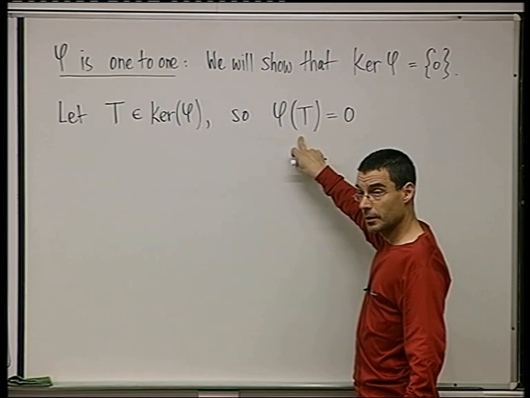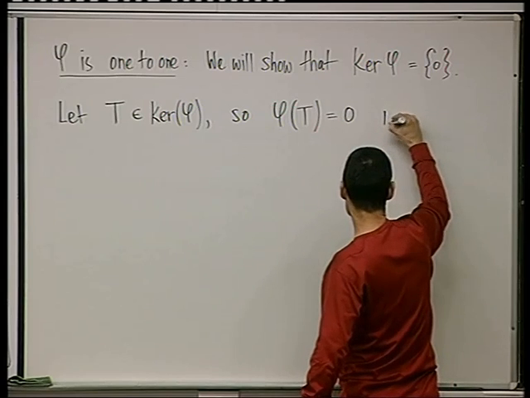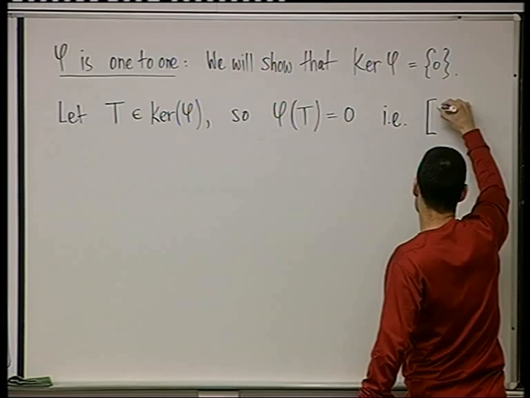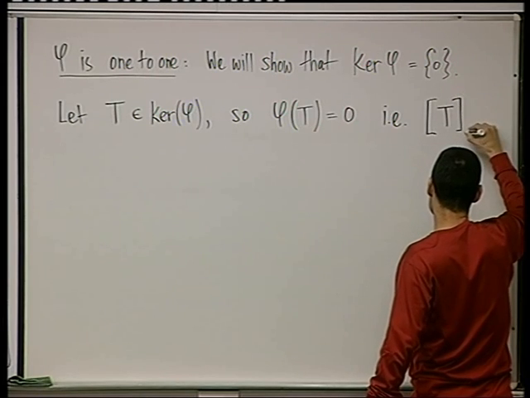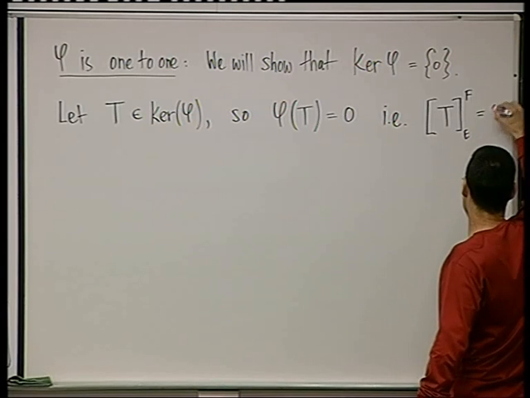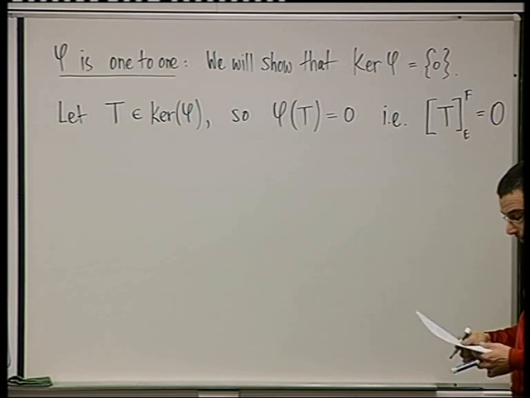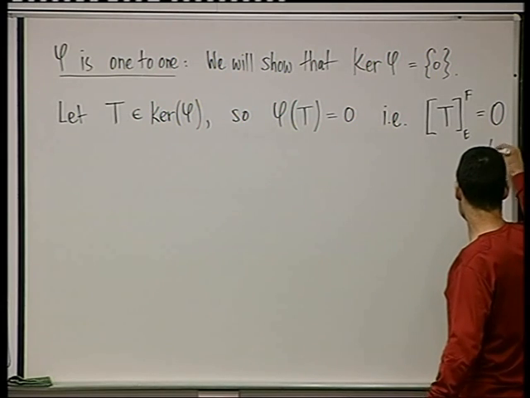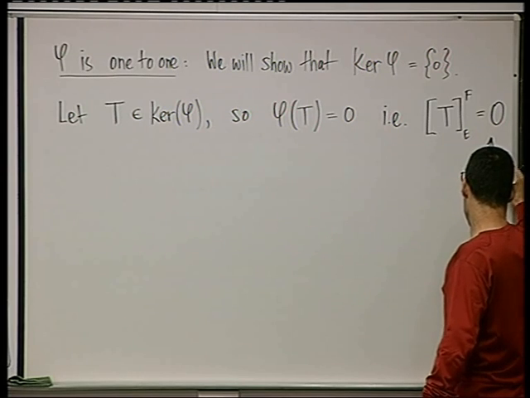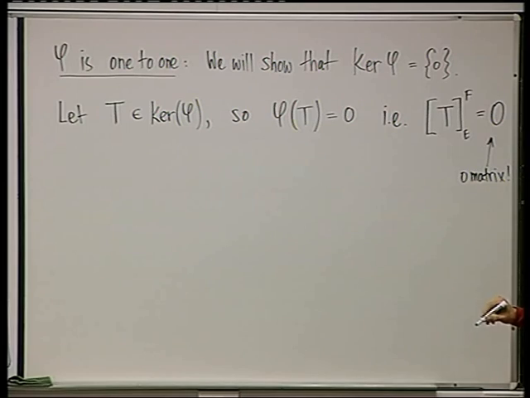It's a matrix. It's the matrix representation of T, right? i.e., so this is just a different way of saying the matrix representation of T with respect to these two bases is the 0 matrix. This is the 0 matrix, right? Good? Okay.